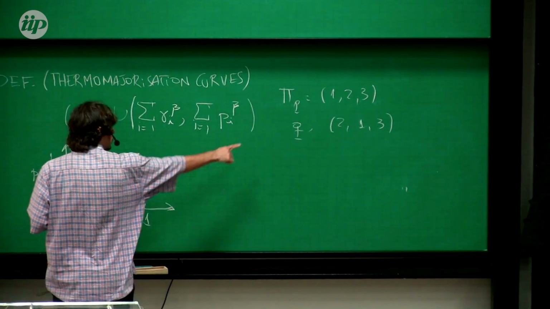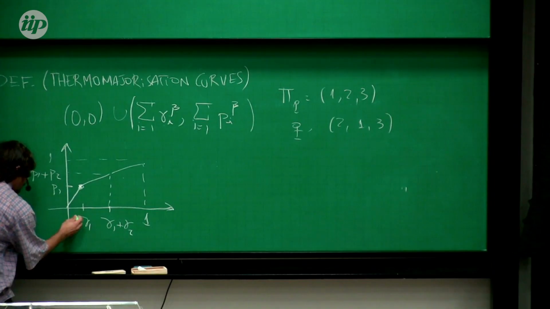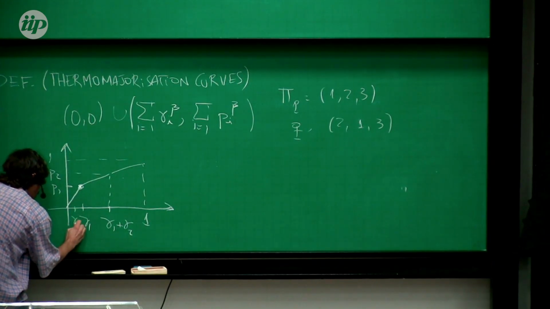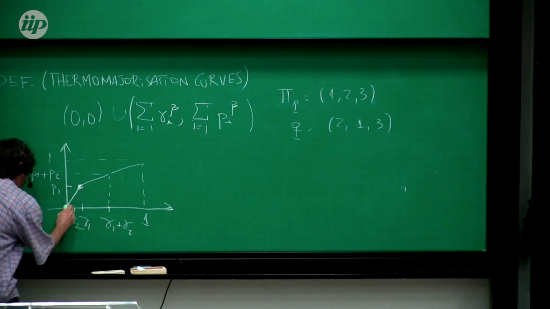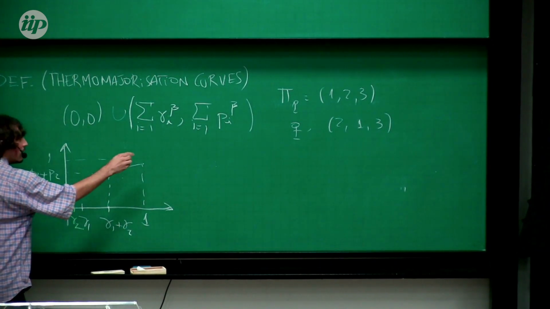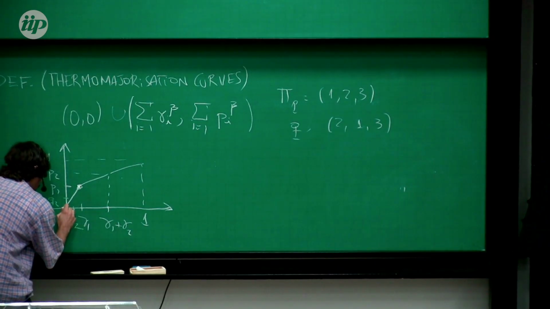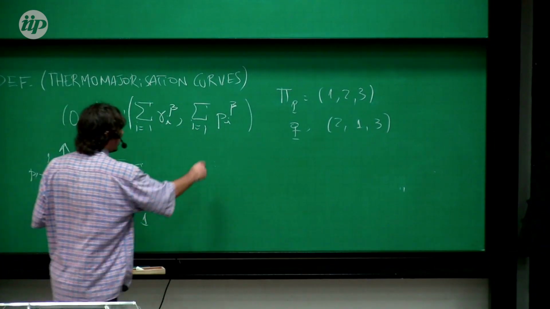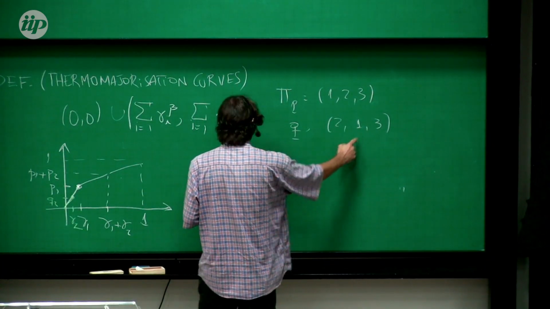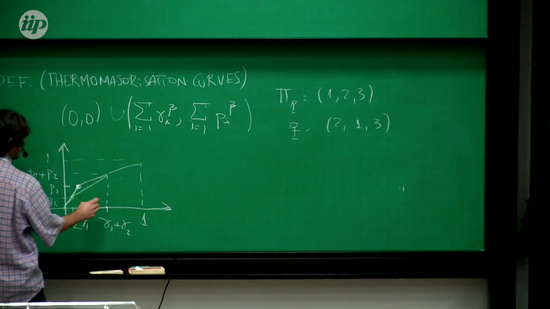Well, if this vector has this ordering 2, 1, 3, first, gamma 2 will be here. Then my Q2 would be here. Then the next is gamma 2 plus gamma 1, which is precisely this point here. This would go here, and then 1.